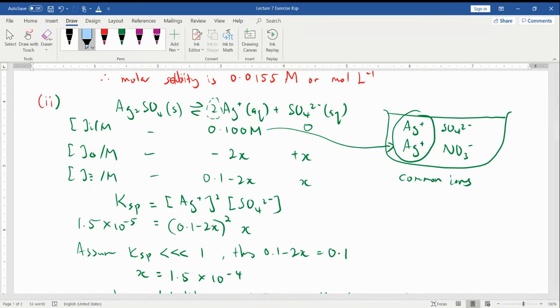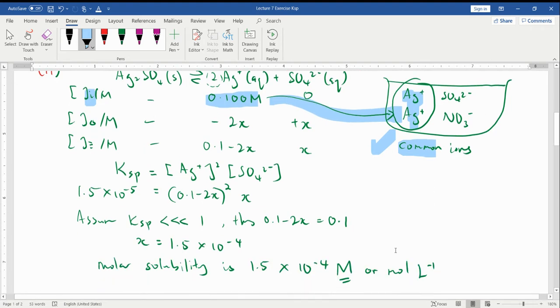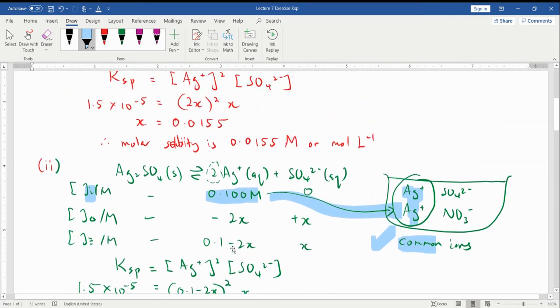If there are common ions, then start with initial, and the concentration of the salt will be the initial. It is the same as Ka and Kb: if the constant is too small, you can make an assumption, and then you don't have to continue with the quadratic. So that's all for the calculation part for the common ion effect.